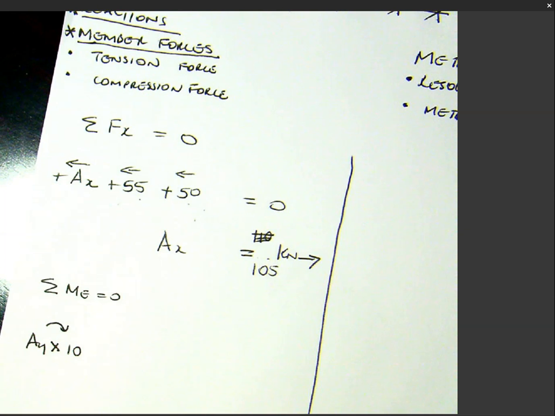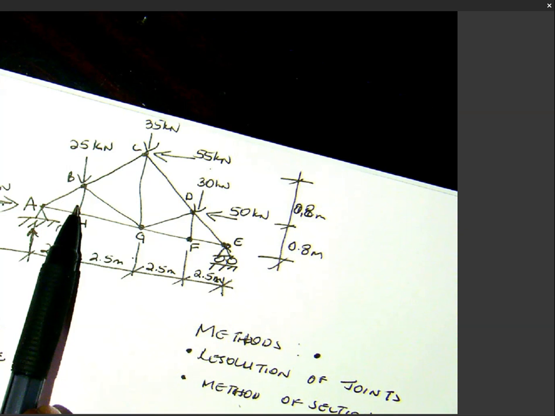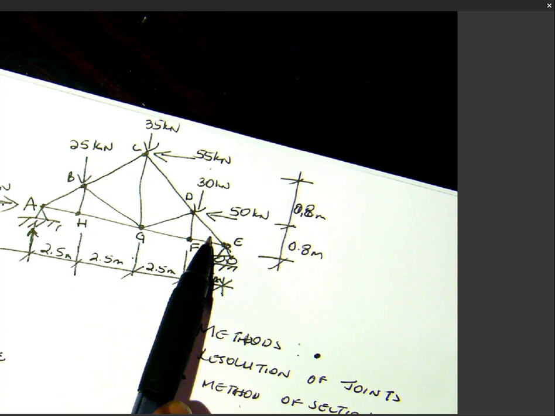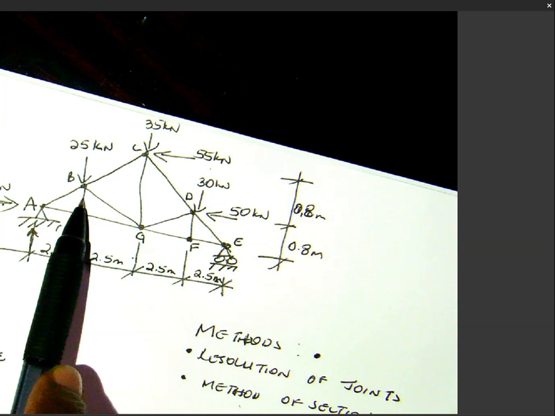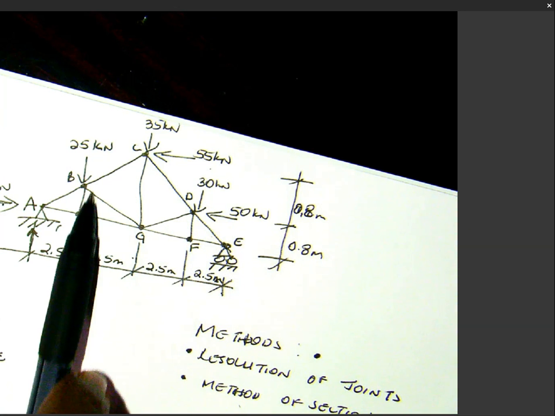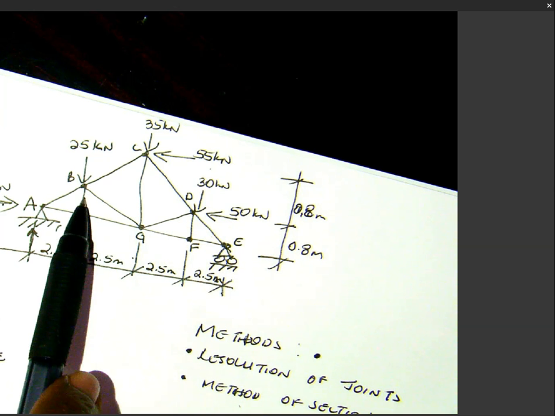And then I take this 25. The perpendicular distance is that distance to point E. There's my line of action for 25. And the perpendicular distance is that one there.